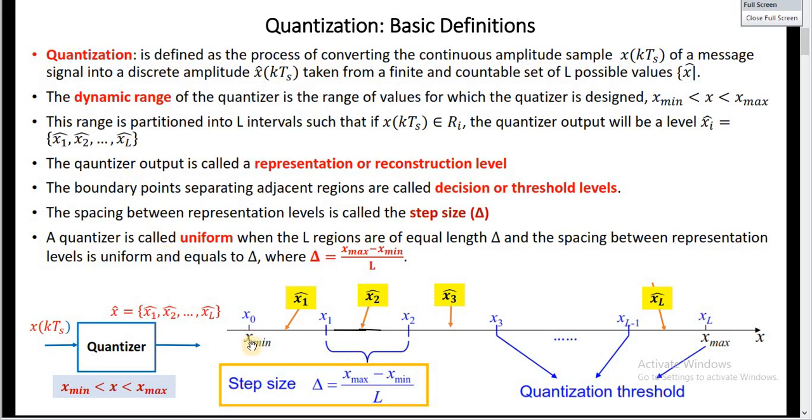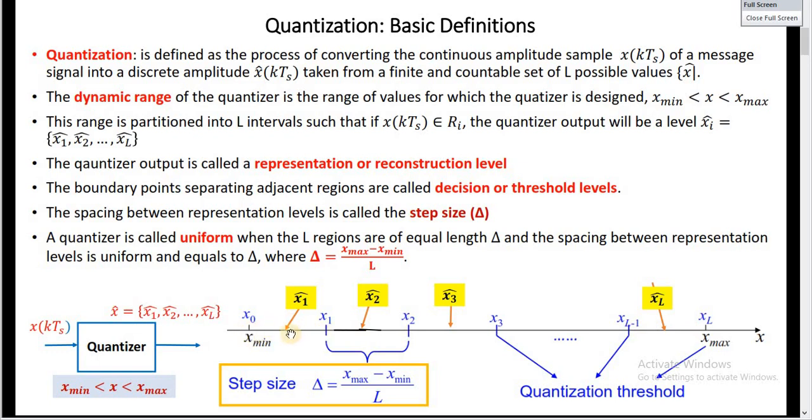This is the dynamic region of the quantizer extending between x minimum and x maximum. This region is partitioned into L non-overlapping intervals. This is one interval between x0 to x1, another interval between x1 to x2, and so on.